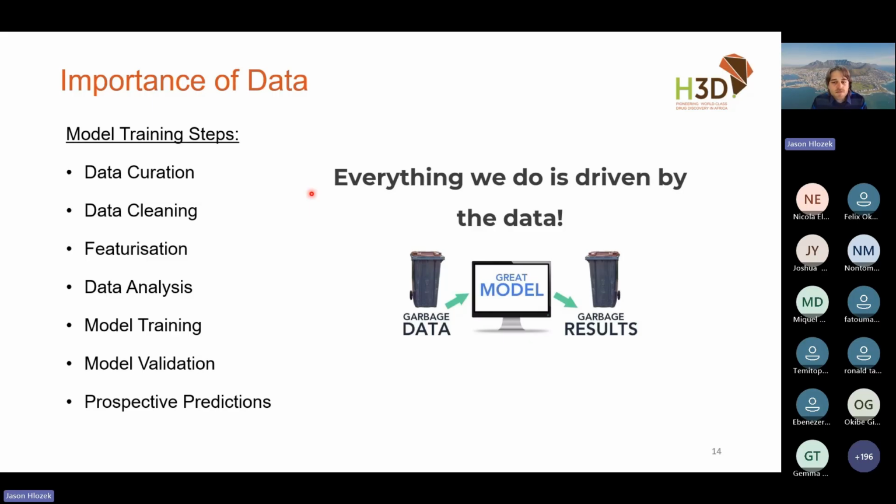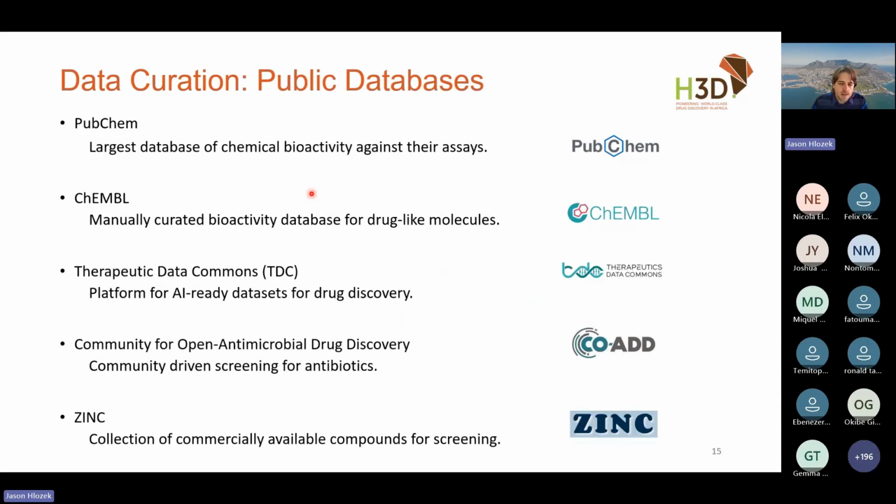So where do we get this data? Of course, if you have your own data, that's fantastic. It will be really relevant. If you need a starting point where maybe you don't have all of the data and you need something a bit more general, then there are numerous databases out there, especially for chemistry and bioactivity type data.